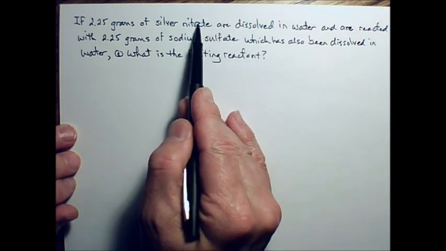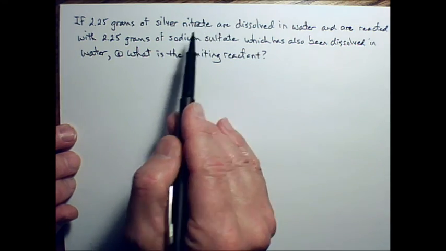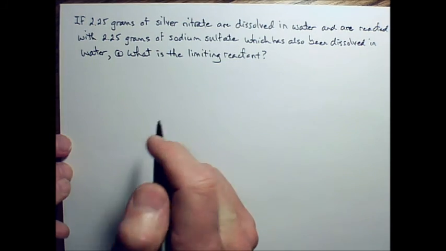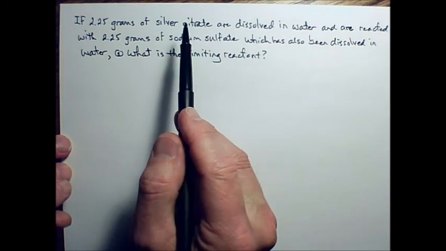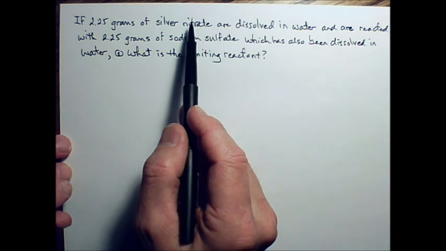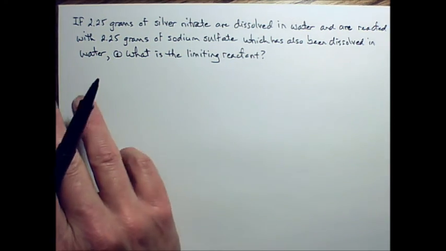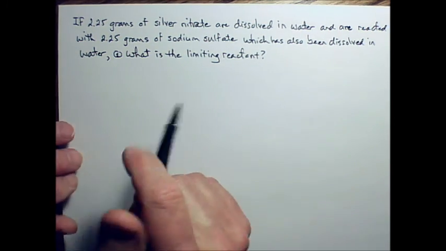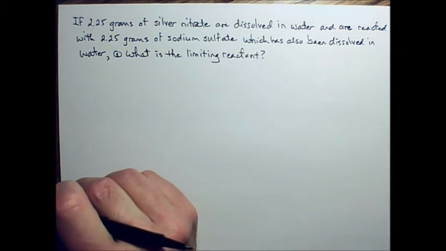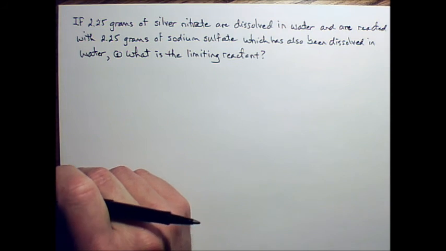And nitrate, that ATE ending is a signal that you've got a polyatomic oxyanion. And so I hope that all my students are now looking on their common ions list to find the formula for nitrate. And then with the charge on the silver and the charge on the nitrate, they'll figure out how to write a balanced formula for that compound.